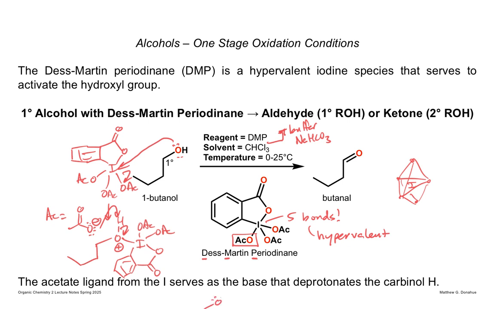So we're at this point. So that's how the H gets substituted. Then you have your acidic hydrogen here, and that does the E2 reaction.